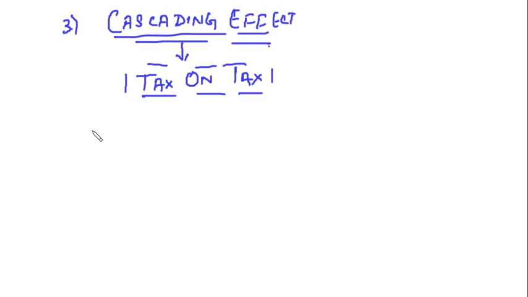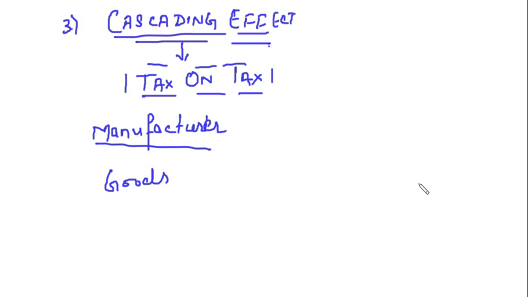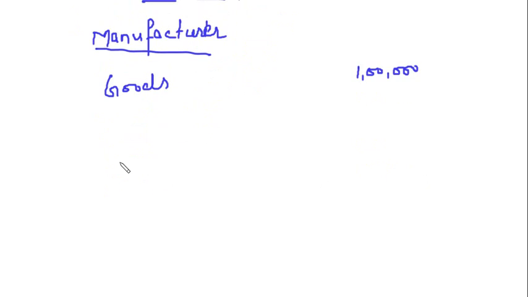Now suppose you are a manufacturer. You have produced goods worth rupees 1 lakh. What was happening under the present system, that is, before goods and service tax, before 1st of July 2017?